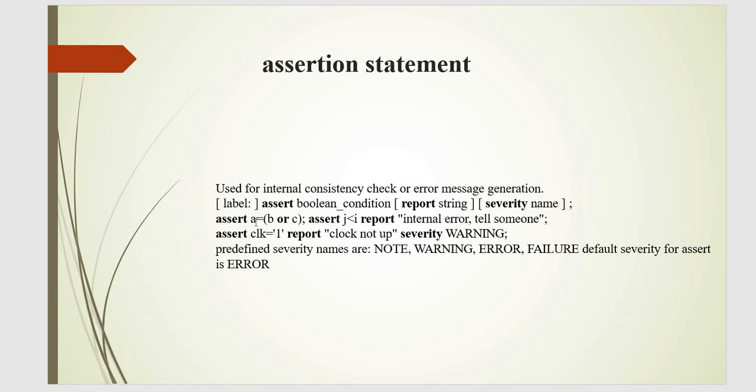So here you can have assert A equal to B or C, assert J is less than I, report internal error. Assert clock is equal to 1, report clock not up, severity is warning. Something like this you can add in your program whenever you want to assert something, and assertion is done with the help of this statement.